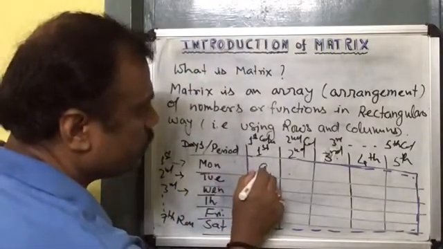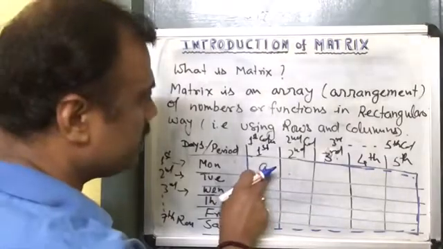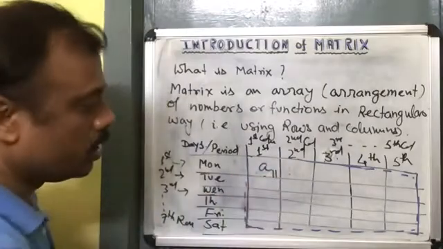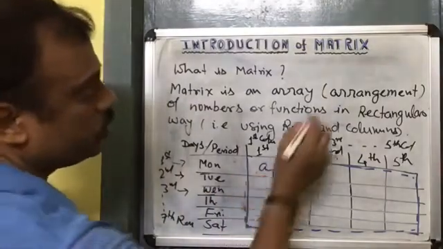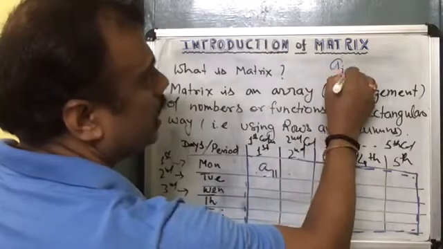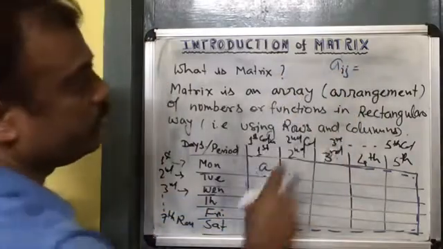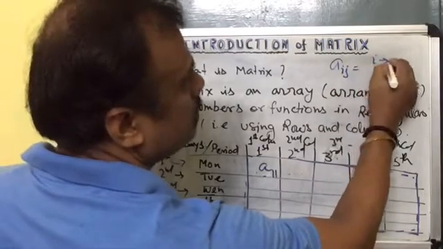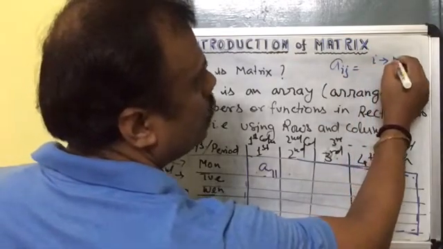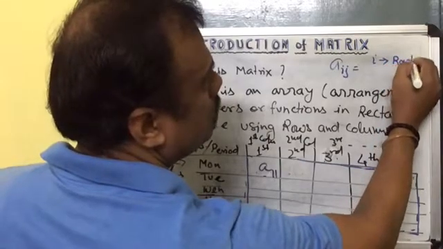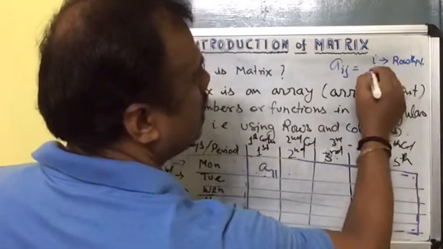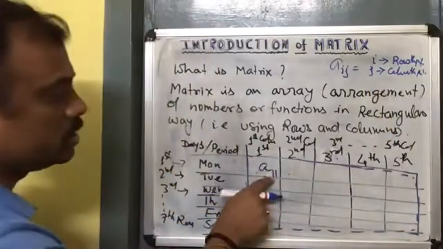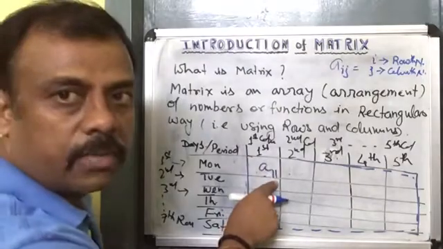Suppose the entry is A, so the address of this entry will be A11. The address of each element will be given by this, where i is the row number, and j is the column number. So this is the first row and first column element.